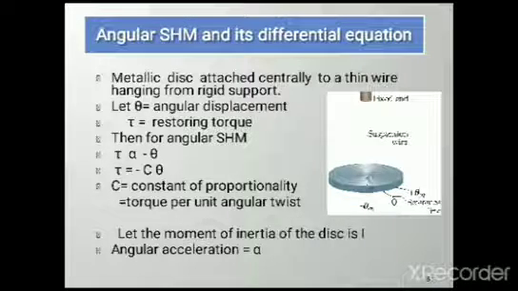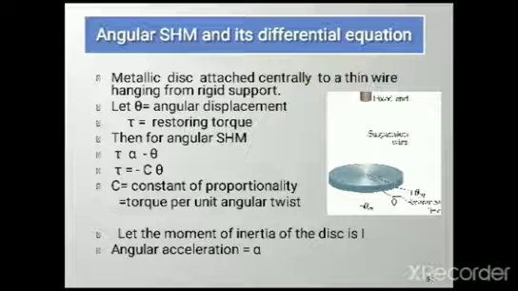Up till now we have talked about linear simple harmonic motion. Now let us speak about angular SHM and its differential equation. For angular SHM, let us take a heavy metal disc which is fixed at its center to a rigid support by a thin wire.